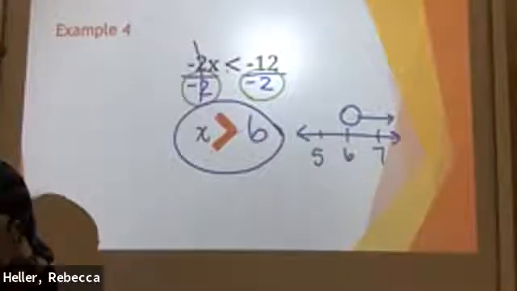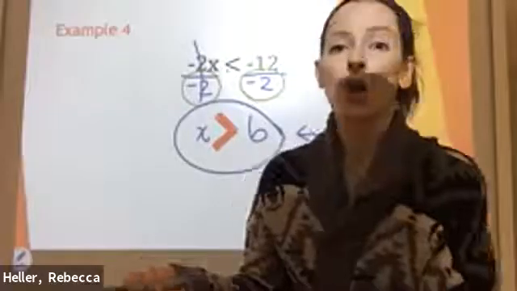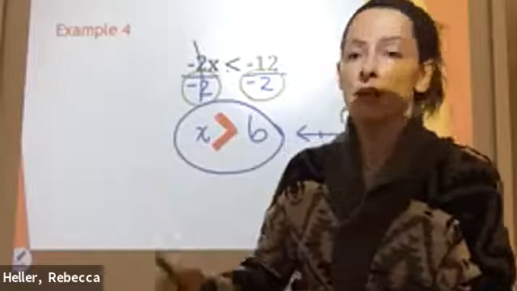Is it because since you're switching it from a negative to a positive, you have to switch that too? Yeah. Basically, when you multiply or divide by negative, you're making it the opposite of what it was before. So if it was positive, now it's negative. If it was negative, now it's positive. So yes, that's basically the reasoning, is because it makes it its opposite. So you have to make everything the opposite.